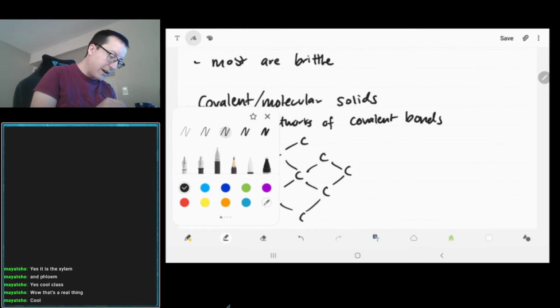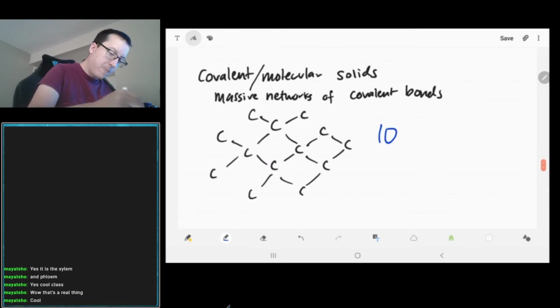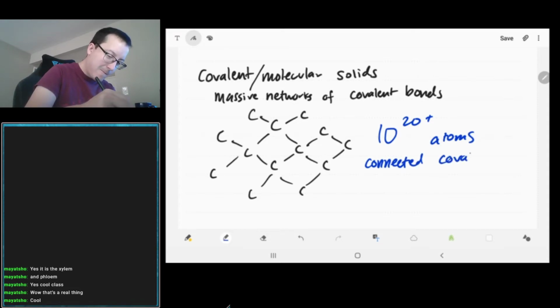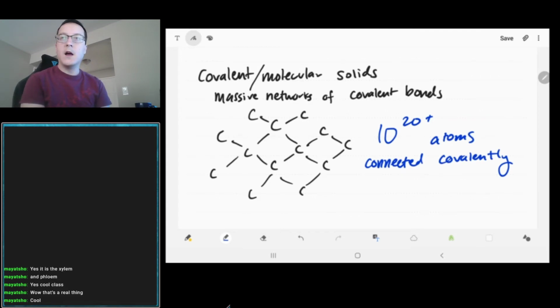And so again, you're going to have many, many atoms connected covalently. And so that's just kind of what they look like.